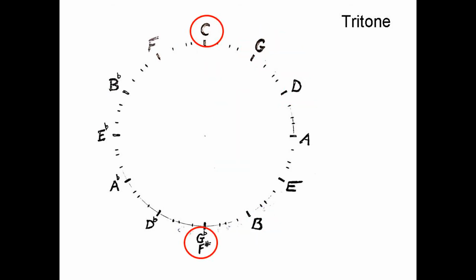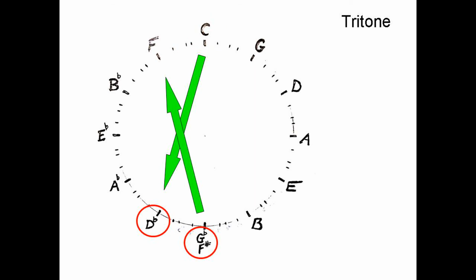Since the circle is perfectly symmetrical, we can also resolve this tension by moving up a semitone from C to C sharp and moving down a semitone from F sharp to F. This second resolution sounds a little bit strange at first, but if you repeat it a few times, it will sound as natural as the first resolution.